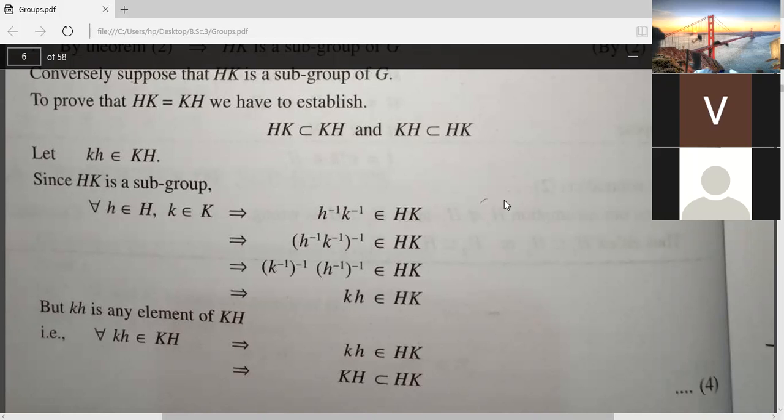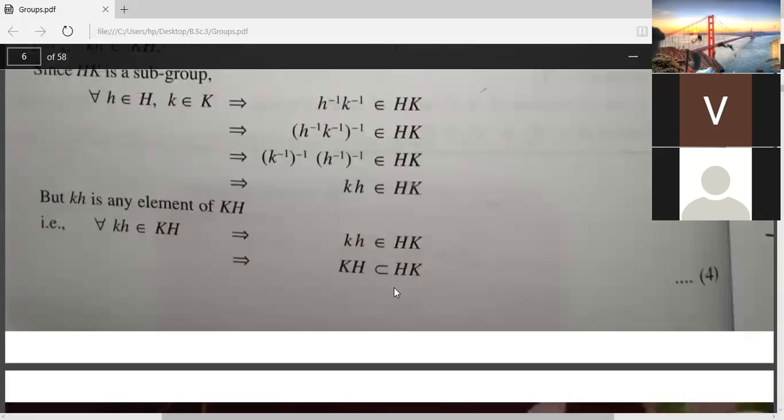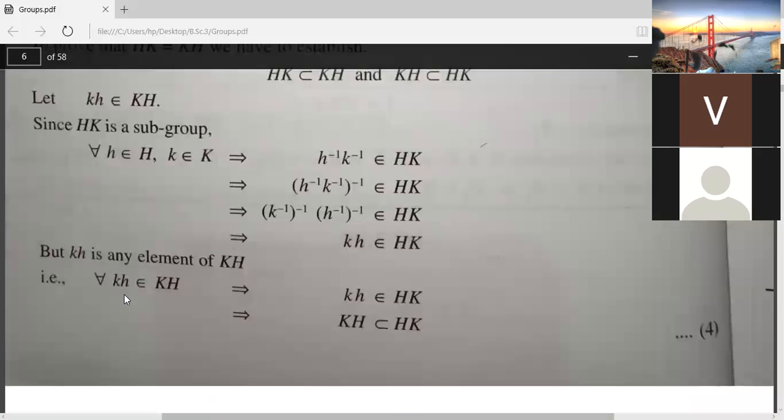Now here, HK is a subgroup, and by using that you are writing kh belongs to HK, where kh is any element of KH, but kh is also an element of HK. Now what are we taking here? Kh belongs to KH, and the same kh also belongs to HK. Therefore, what are you writing?